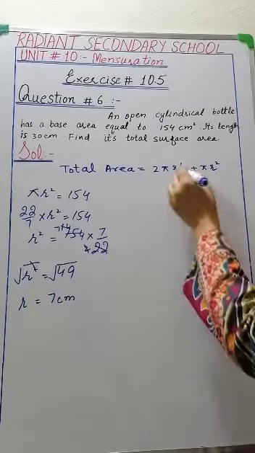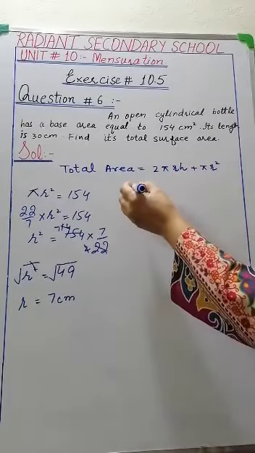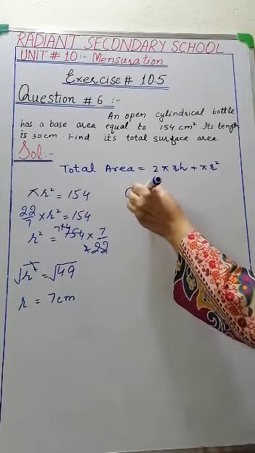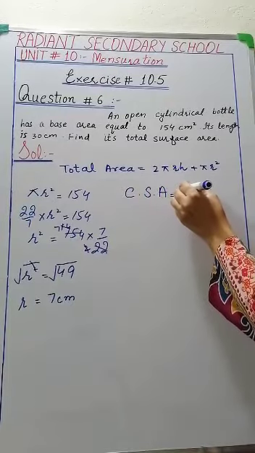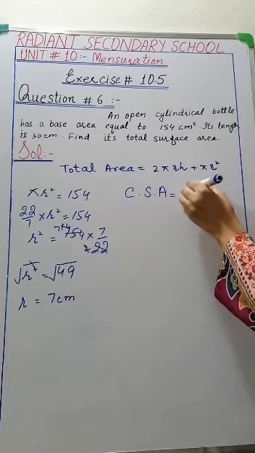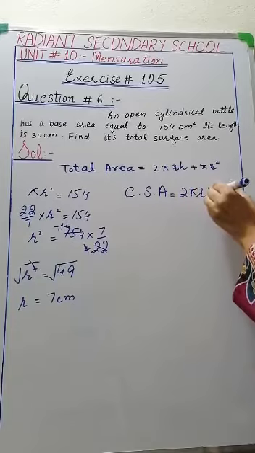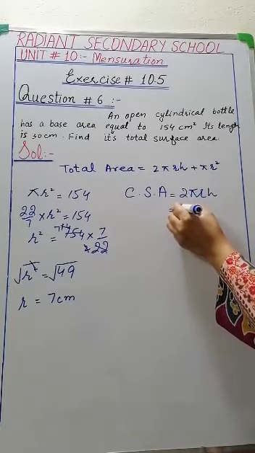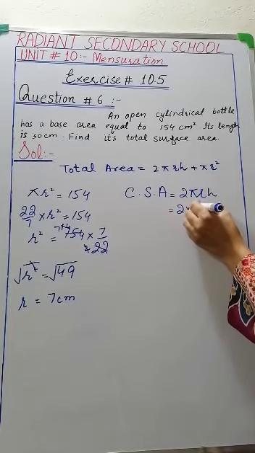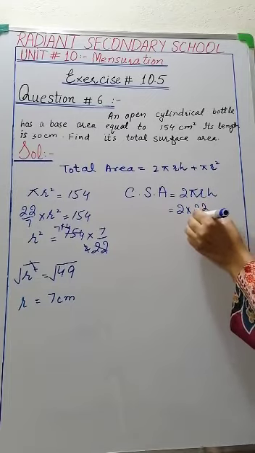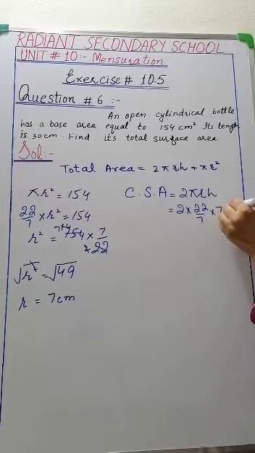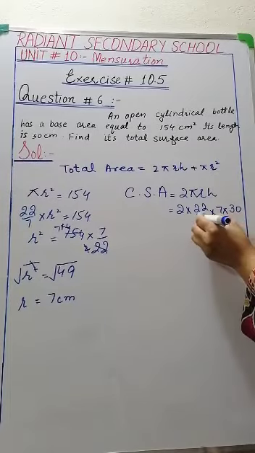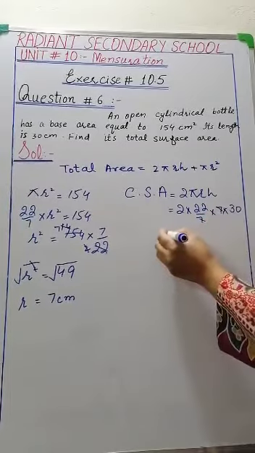Now we will find 2 pi rh, that is the curved surface area. Curved surface area is equal to 2 pi rh. 2 multiplied with pi 22 by 7 into r, that is 7, and h is 30. 7 cancelled by 7.